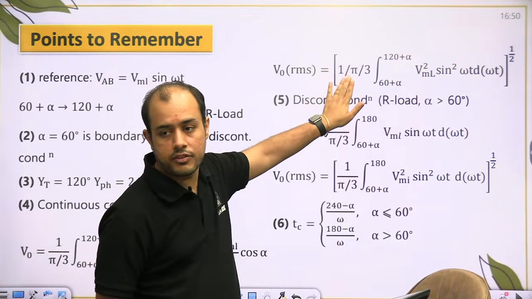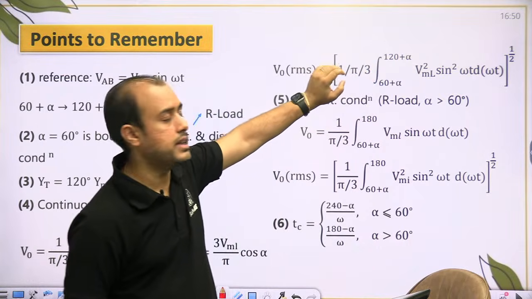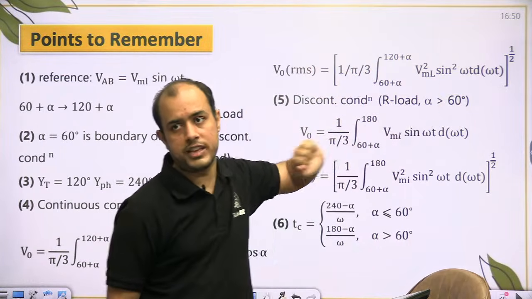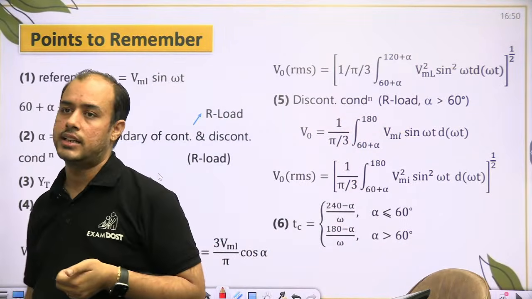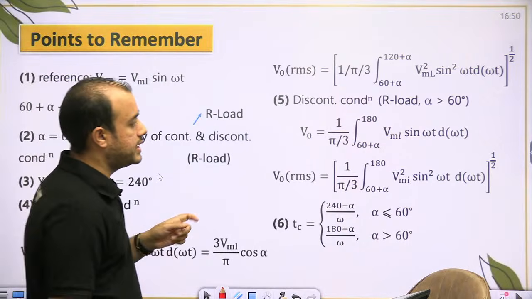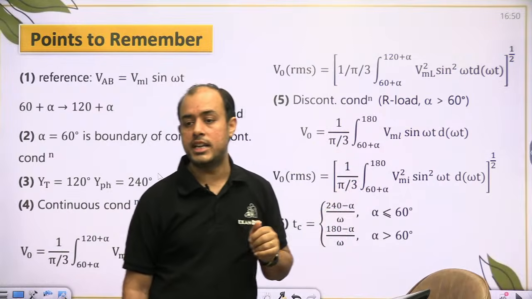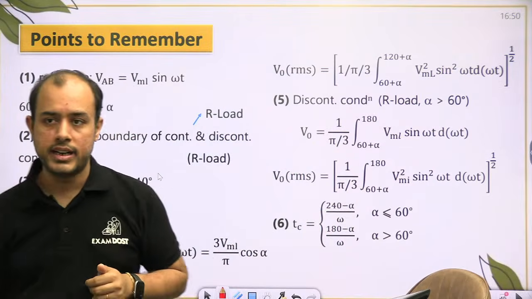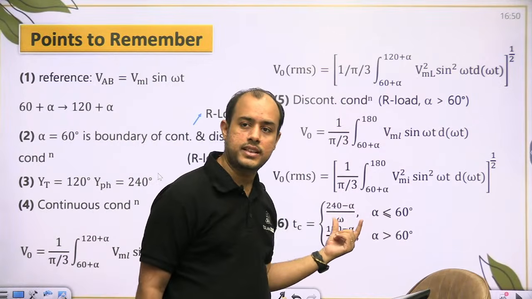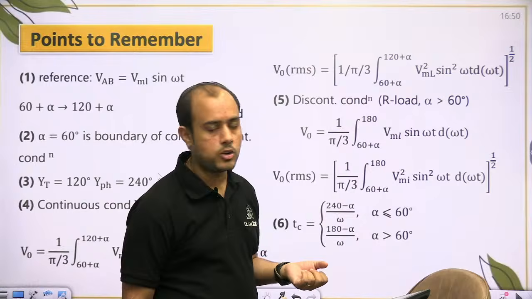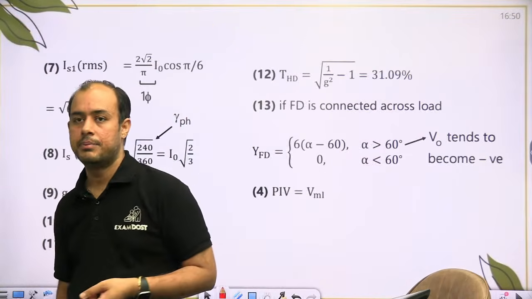For RMS, take 1 upon period, integrate from 60 plus alpha to 120 plus alpha, the square of VAB. For alpha greater than 60, you get discontinuous conduction for R load. So the integration is from 60 plus alpha up to 180, not 120 plus alpha. Circuit turn off time has two formulas: for alpha less than or equal to 60, 240 minus alpha by omega; for alpha greater than 60, 180 minus alpha by omega.